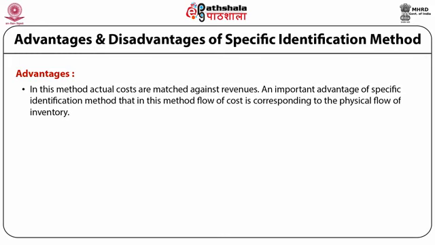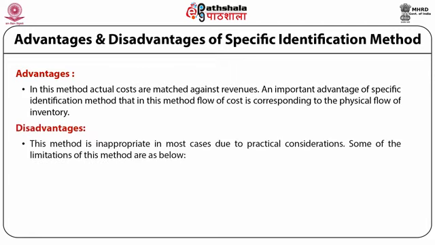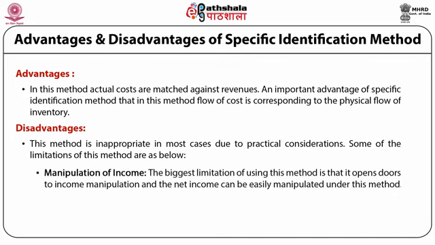An important advantage is that the flow of cost corresponds to the physical flow of inventory. A disadvantage is that this method is inappropriate in most cases due to practical considerations, such as manipulation of income.